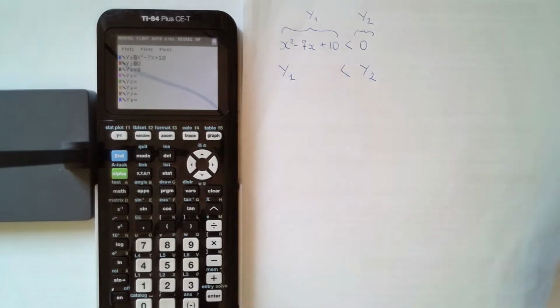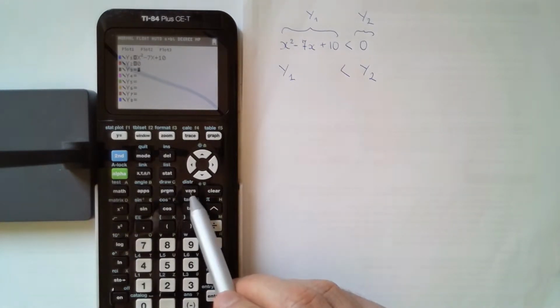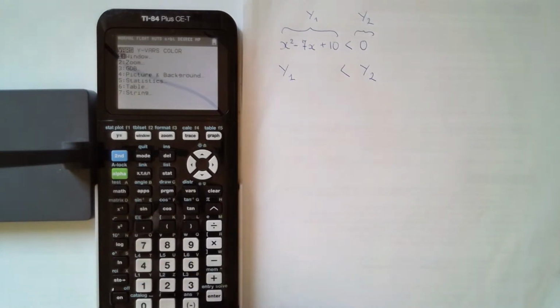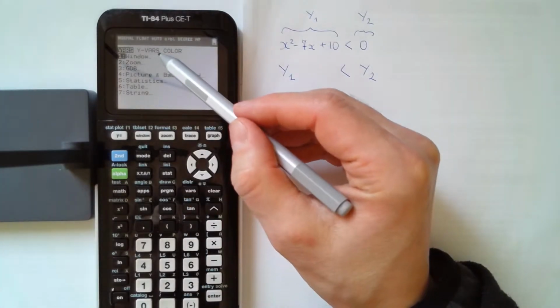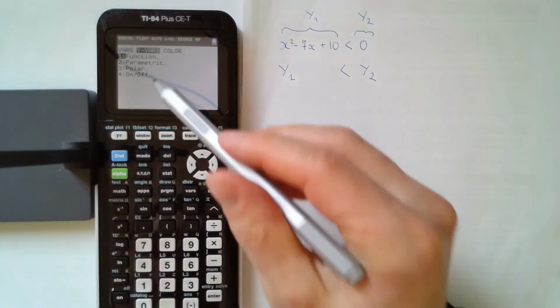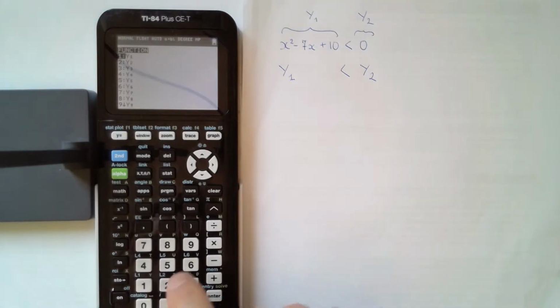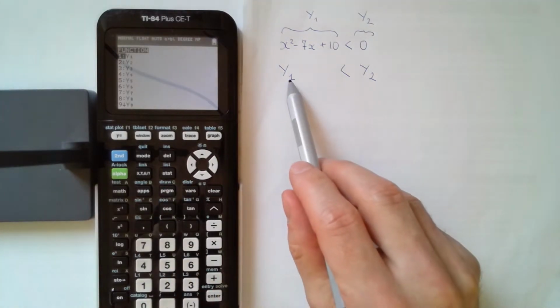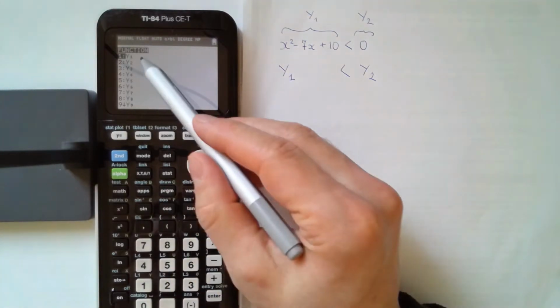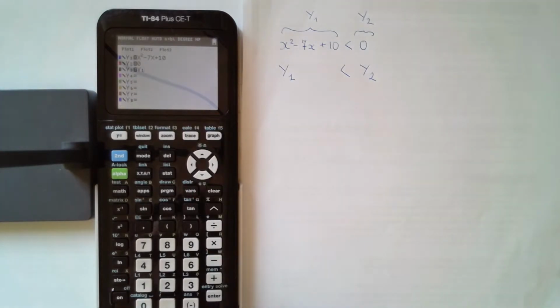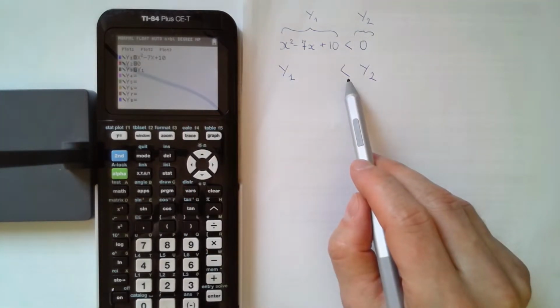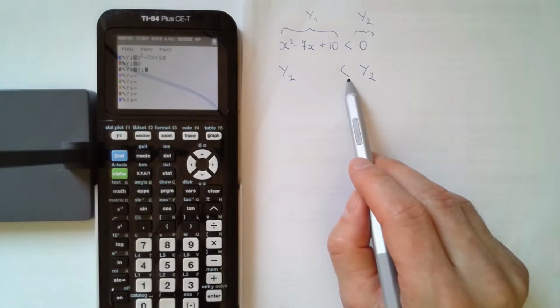To do this, go to VARS, go to Y-VARS, go to Function, choose your first variable y1. Then we would like to enter this inequality sign.